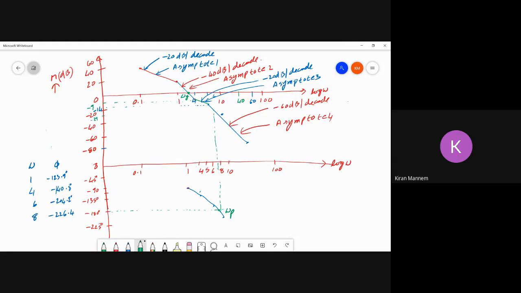If you project it on the magnitude plot, you have some value. Here the gain margin would be minus 12 dB. I'm not getting exact values, but if you project this omega p to the magnitude plot, it would be minus 12 dB.